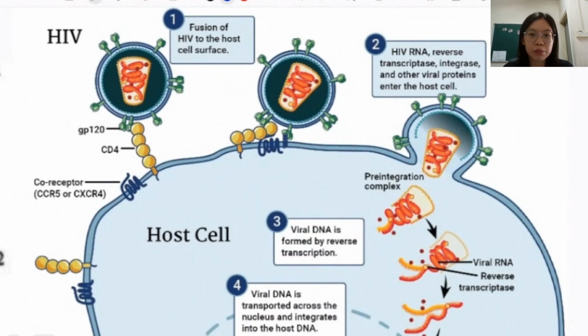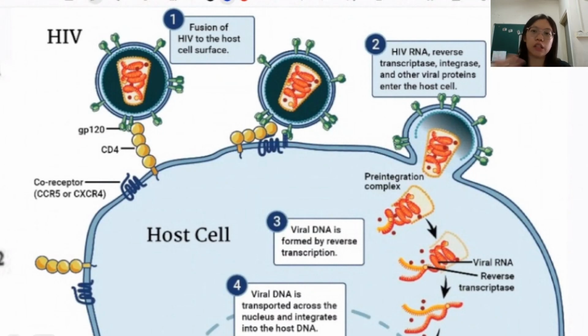Other than that, the virus hijacks your lymphocytes. The reason it targets lymphocytes instead of other cells, like muscle cells or red blood cells, is that lymphocytes actively divide a lot, especially when an infection occurs. Lymphocytes are actively dividing most of the time because we are constantly exposed to pathogens.